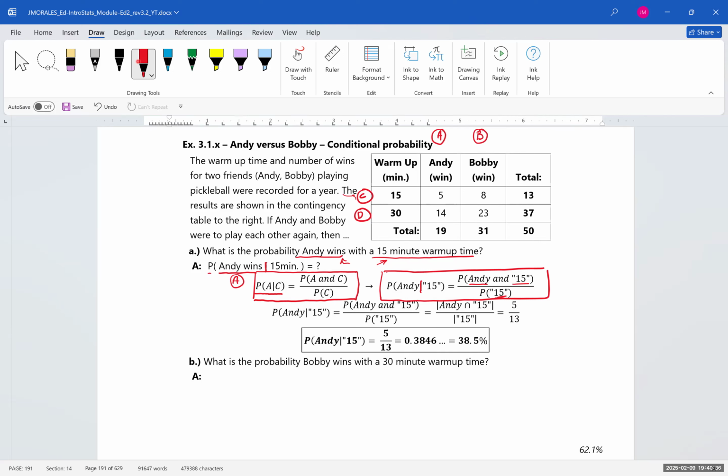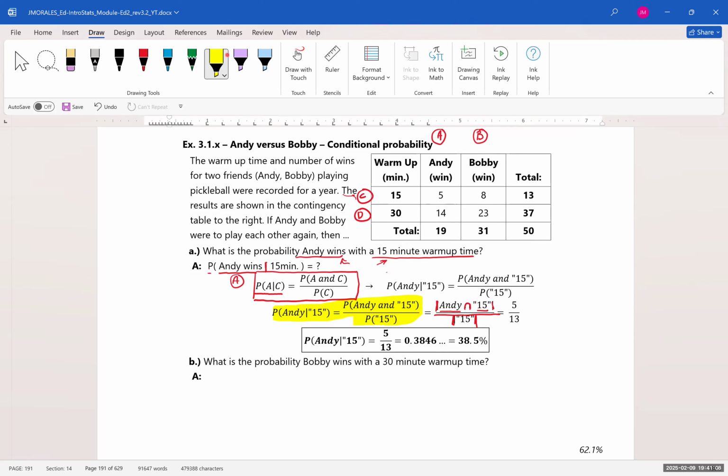I've just taken this equation and rewritten it down below, right here. And so the probability of Andy and a 15-minute warm-up reduces to the order of A intersect C divided by the order of C.